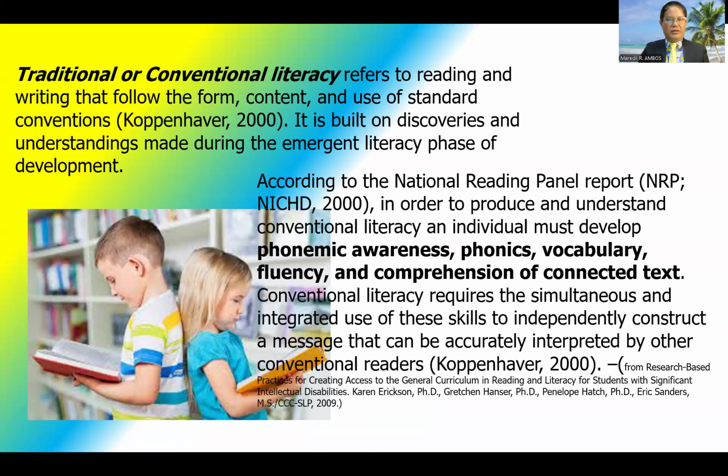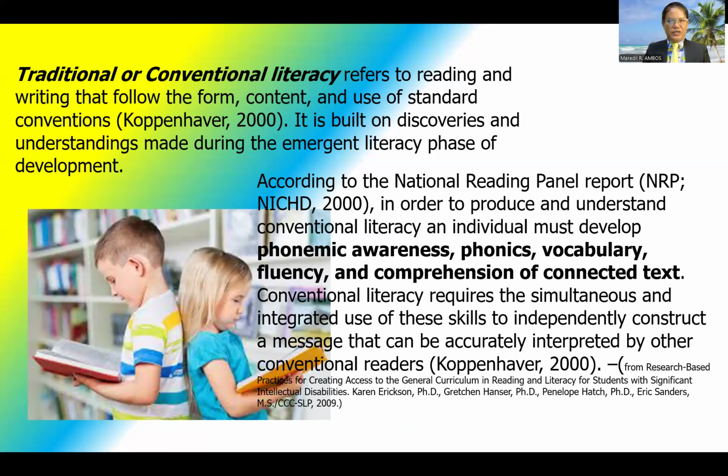of development. And according to the National Reading Panel Report or the NRP, in order to produce and understand conventional literacy, an individual must develop phonemic awareness, phonics, vocabulary, fluency, and comprehension of connected texts.